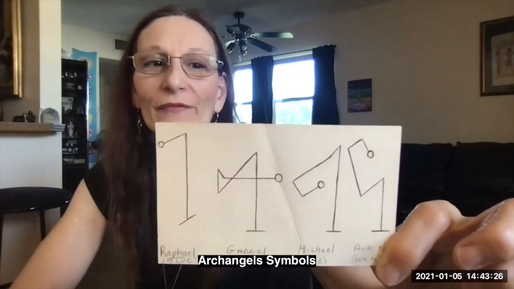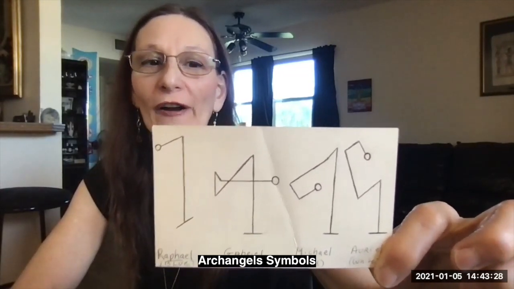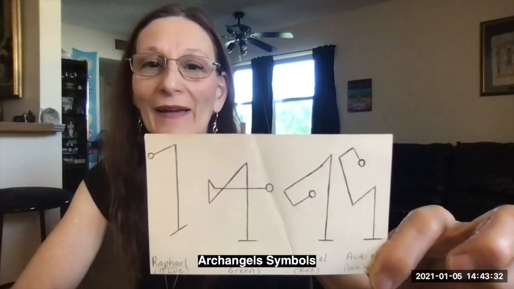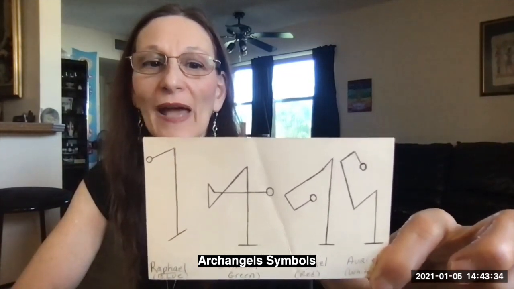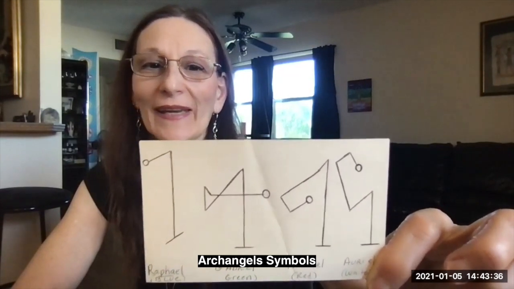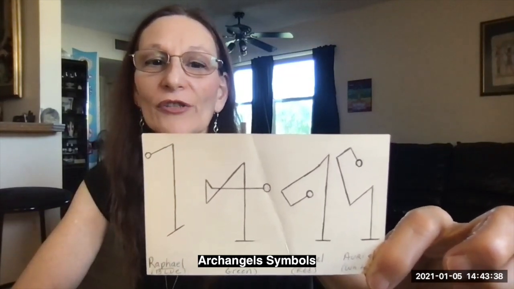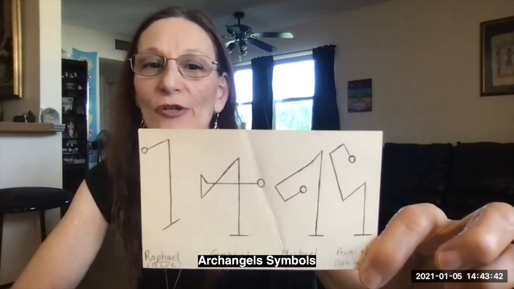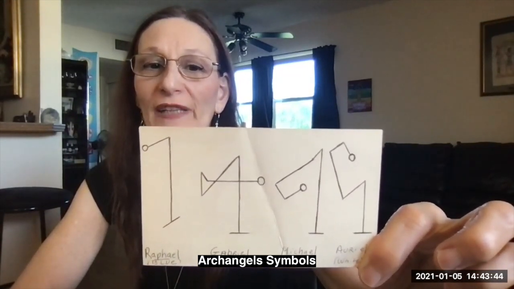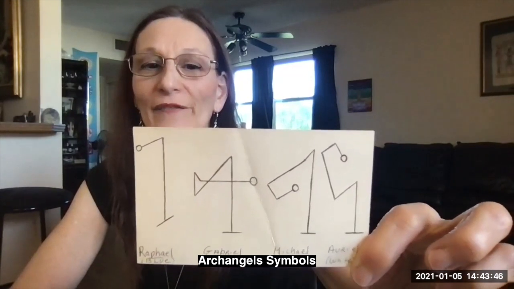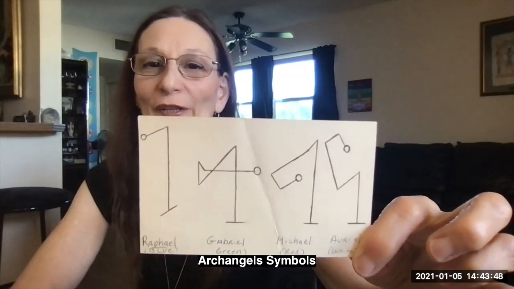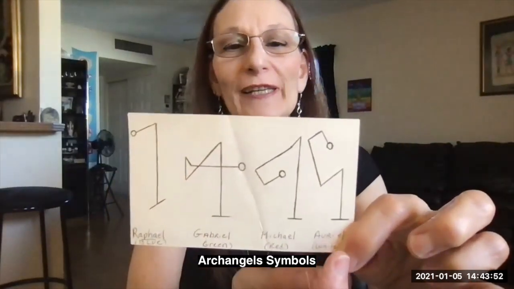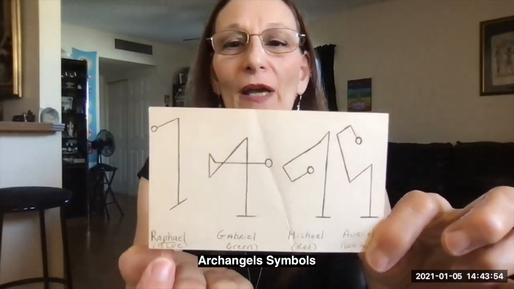And then we have Archangel Auriel, which is associated with the vowel U, the earth element, and the color white. And also, Archangel Raphael is associated with the primary vowel of E, the element of air, and the color blue. And these are the symbols for each one of them.